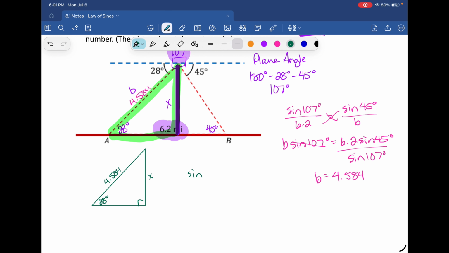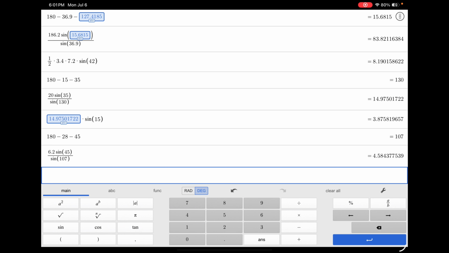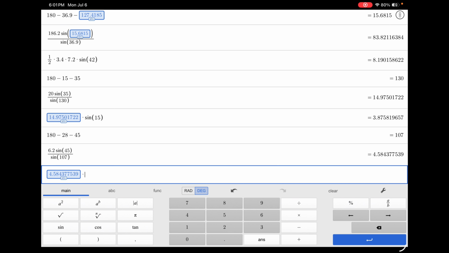So sine 28 degrees, opposite over hypotenuse, multiply, calculator. I already have the previous answer, so I'm going to take the answer times sine 28. 2.152.